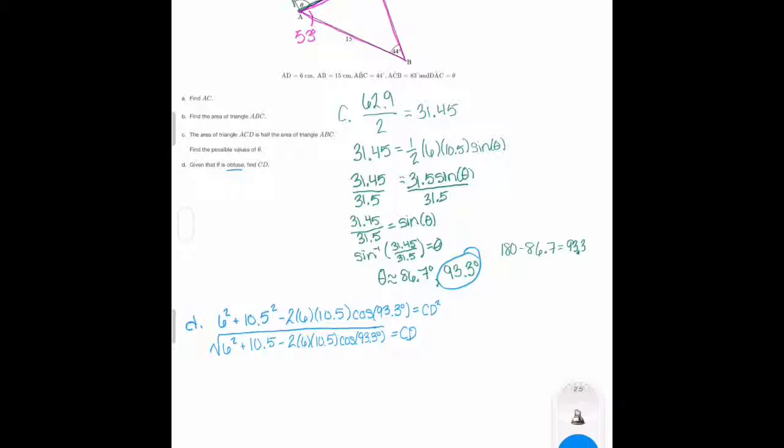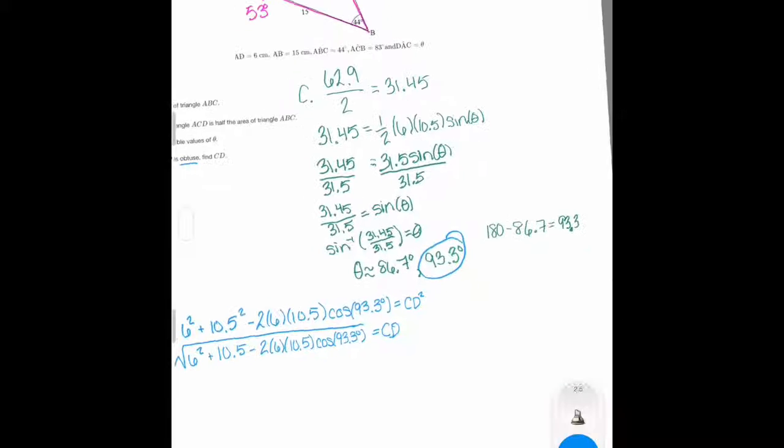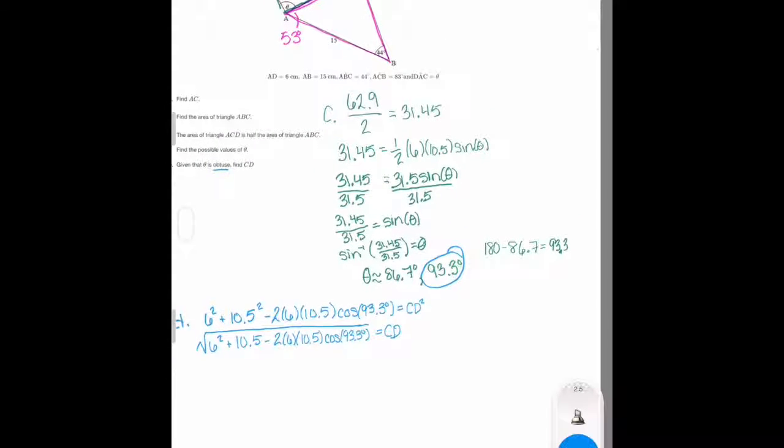And when I put this in my calculator, going 3 significant figures, I get that the length of segment CD is approximately 12.4 centimeters. And I am finished.